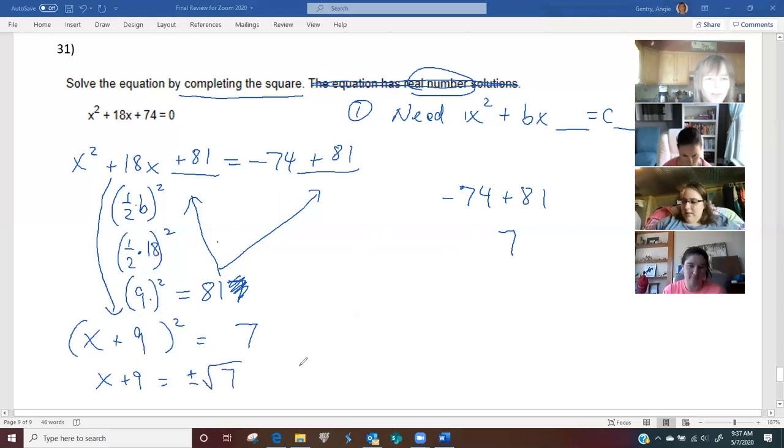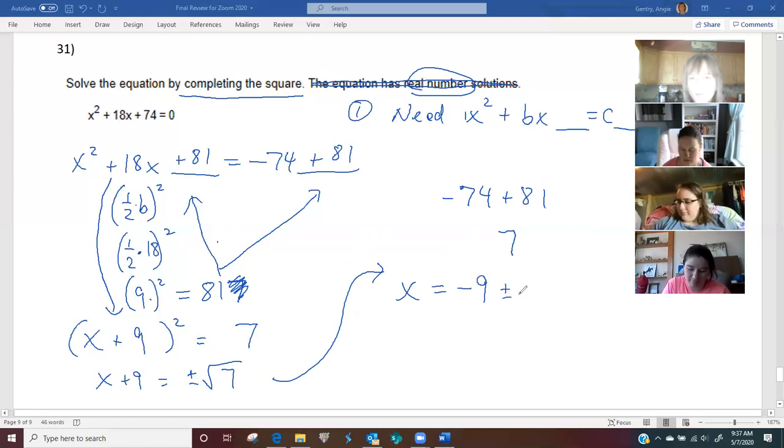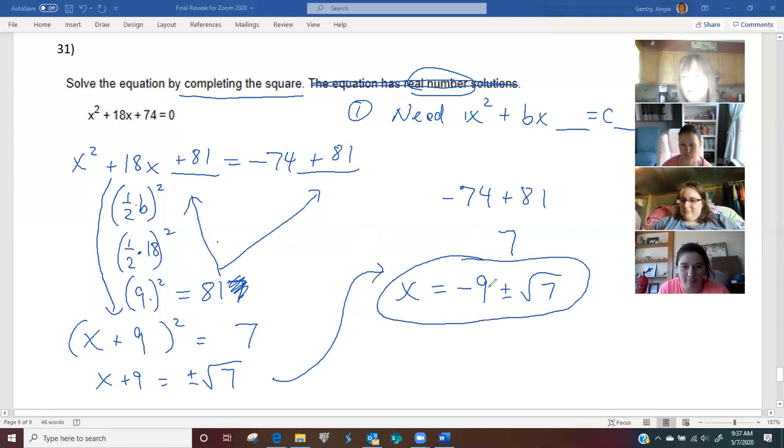Maybe I should have just called this good. I said, hey, use the old reviews from chapter 11. That was so recent. x equals negative 9 plus or minus square root of 7. That's even better. Now we don't even have to think about it. Is that what you got? Yes.